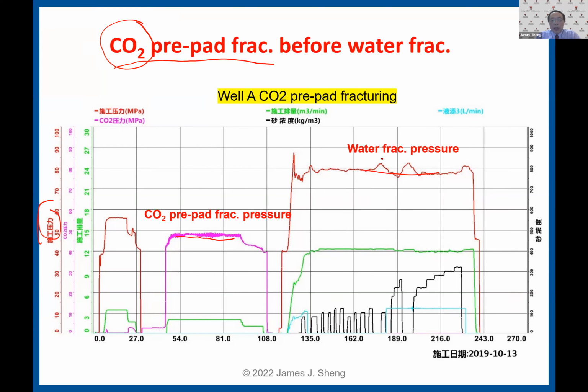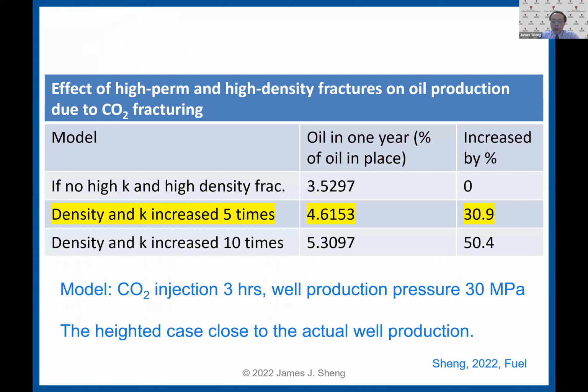Then let's look at the EOR potential. In this field, I did simulation work to match the well model, and based on this model I did sensitivities using three models. One model is the history matched model, with fracture density and permeability from the history matched model, and this is the oil recovery within one year.